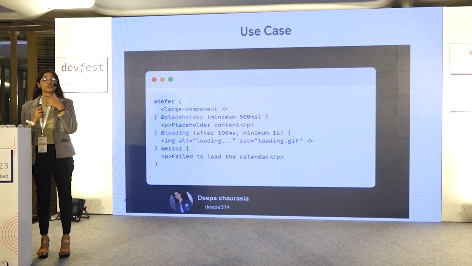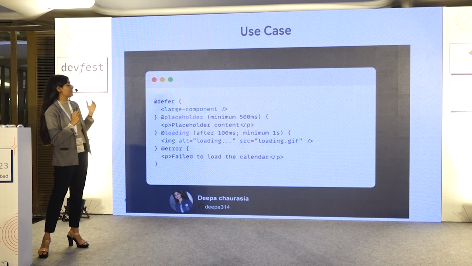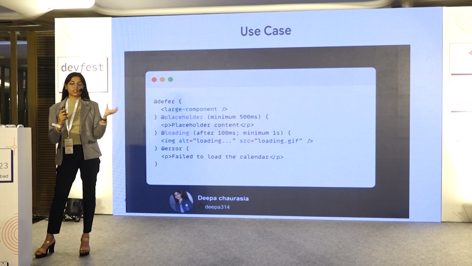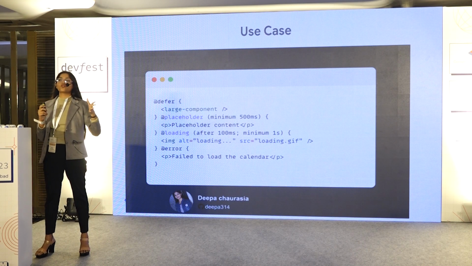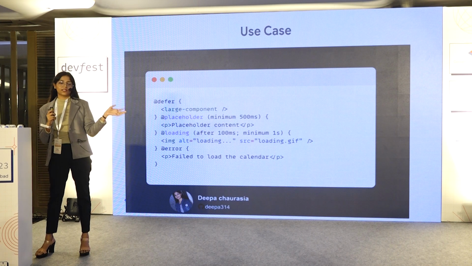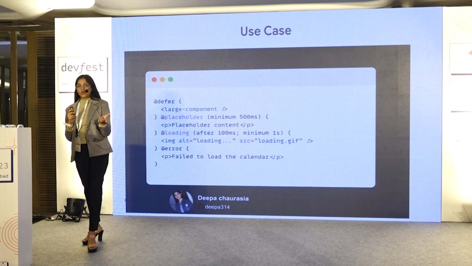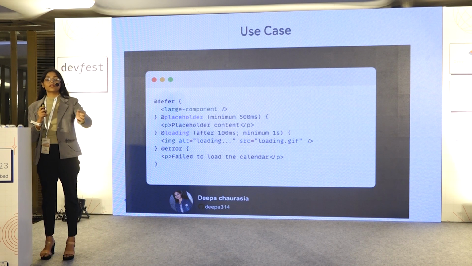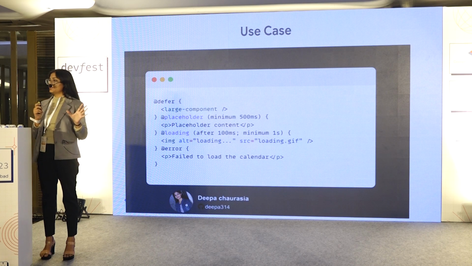Then next we have a use case for it. If you see here, we have a defer block. Inside that I have mentioned the large component. Okay, because it is large, we are going to load it after some time. We are going to lazy load it. Then we have a placeholder. I have mentioned that a placeholder will be shown for a minimum of 500 milliseconds.